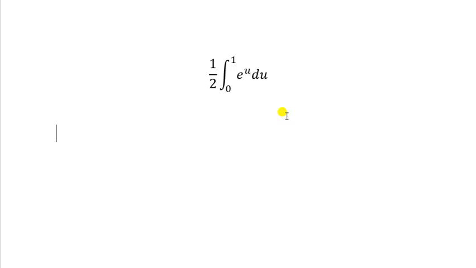We know that the integral of e to the u will be the exact same thing. So the integral of e to the u is e to the u. This is why this function is such an important function, or a special function, we can say.